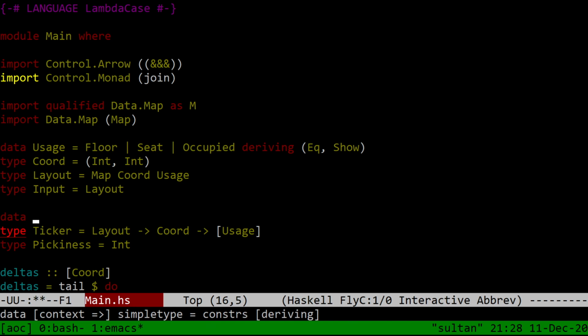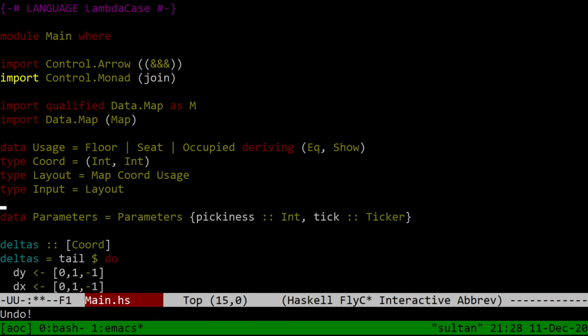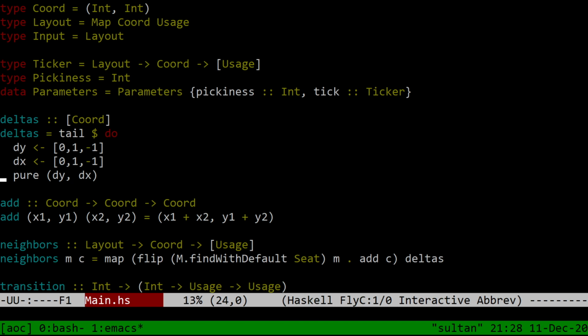What do you call it? You'd call it a problem or a part or whatever, but there's a better name for this. Parameters, I guess. Okay, and so each of these functions actually take, hang on, neighbors, I didn't update this to be a ticker.